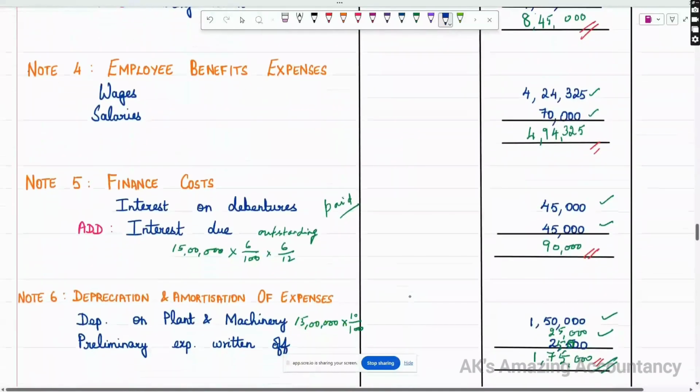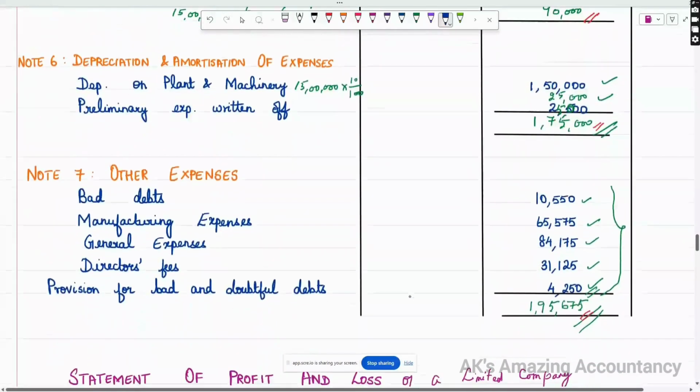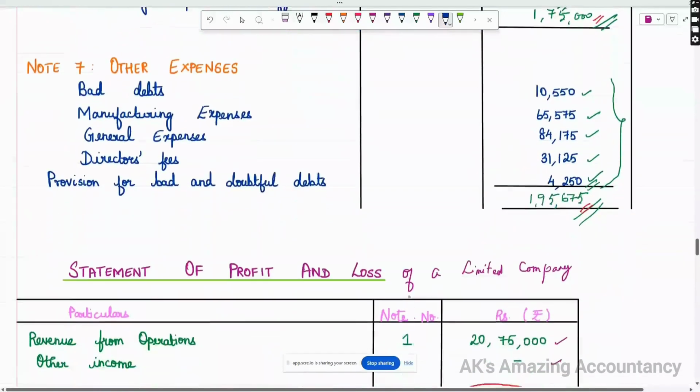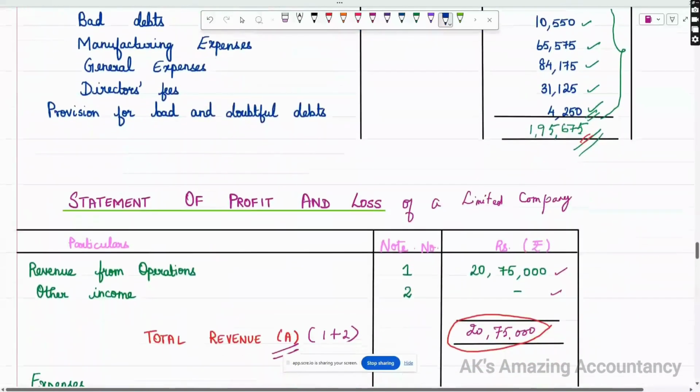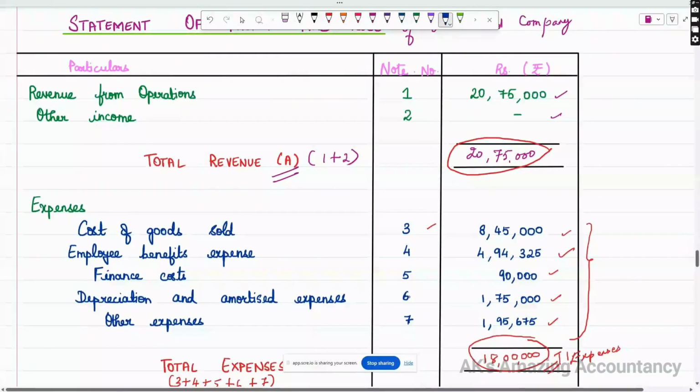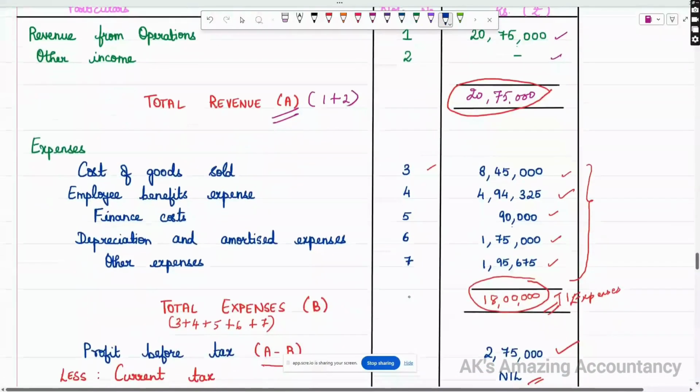This solution relates to the statement of profit and loss. First we prepared all the notes to accounts, and then we prepared the statement of profit and loss. The link for this particular video I'll share along with this video which I'll be doing now. So this is the statement of profit and loss.